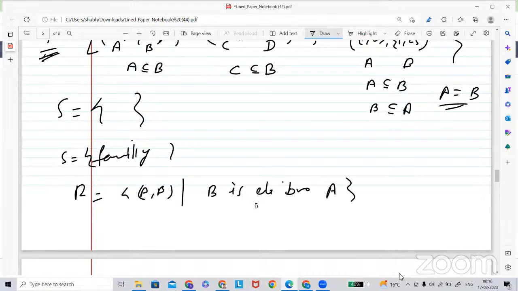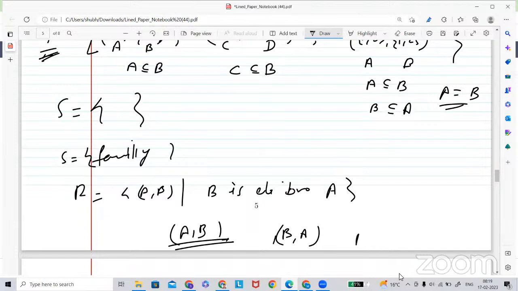They will never be equal. If A and B is happening, B and A will never happen, because B will always be elder than A. So only this first condition is following. The second condition will never come in this R. Still, in that case, it is going to be antisymmetric, no?